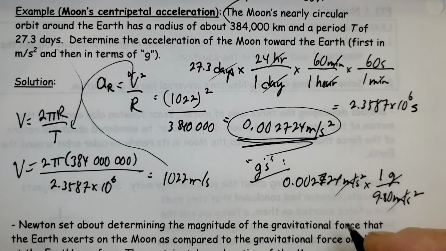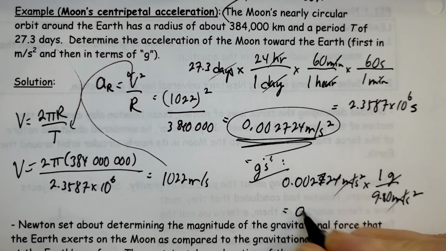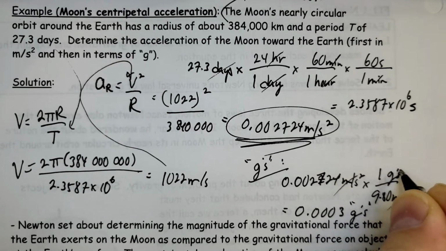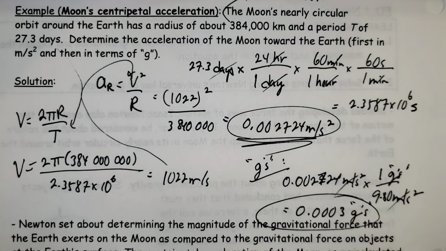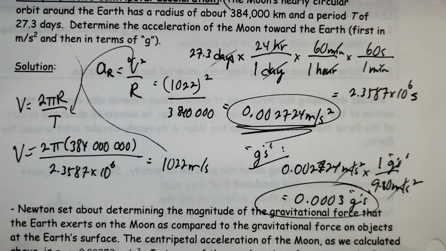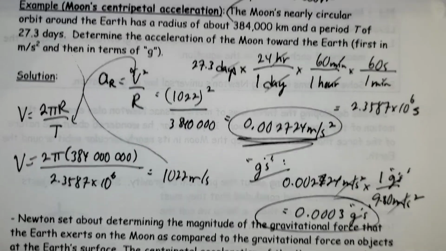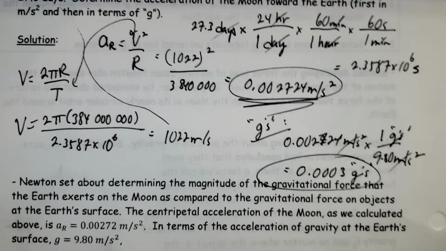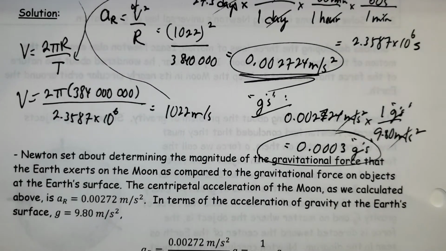I think it works out to be about 0.003 G's. So really small compared to the surface of the planet. Okay, so yeah, we can manipulate the centripetal motion formulas to work for here.